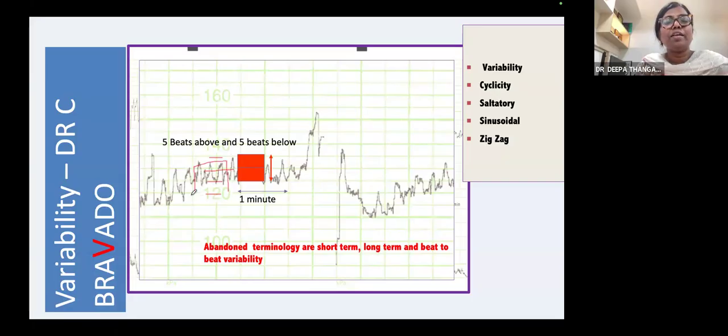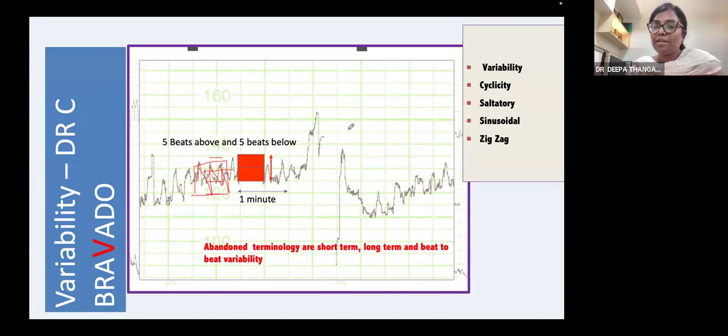How many beats is it going up and down? The heartbeat going up and then coming down, 5 beats above and 5 beats below, is called variability. So here it is 5 beats above, 5 beats below, so it is adequate, normal. This is how the baseline variability has to be checked.